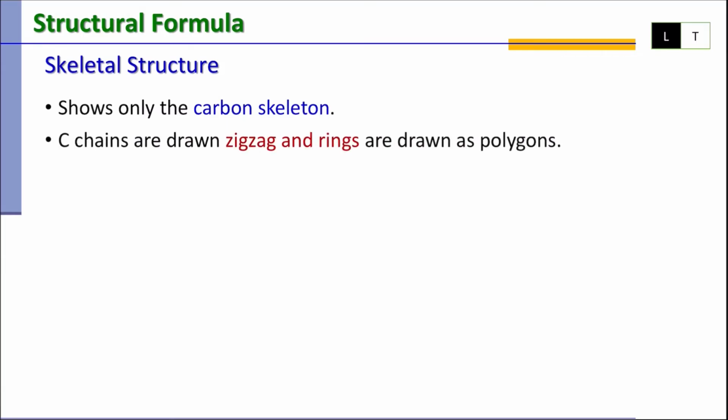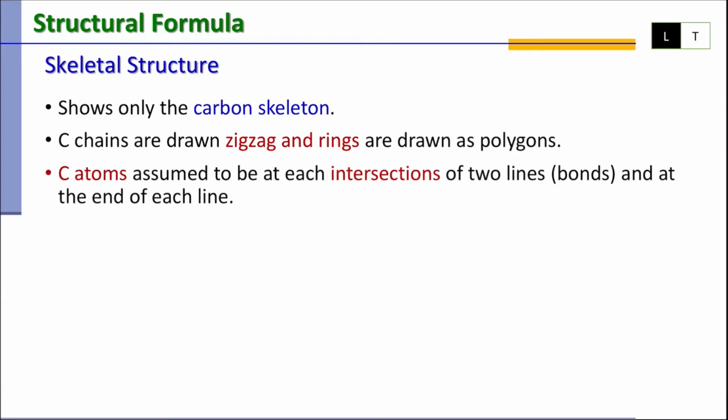Next, kita akan masuk bahagian skeletal structure. So skeletal structure, we just only show the carbon skeleton. Dan carbon atoms ni dia akan draw dalam bentuk zigzag dan ring. Dan kita draw dia macam bentuk polygons. Cuma polygons yang tidak attached to one another. So C atoms here akan assume sebagai intersection between two lines, iaitu between bond.